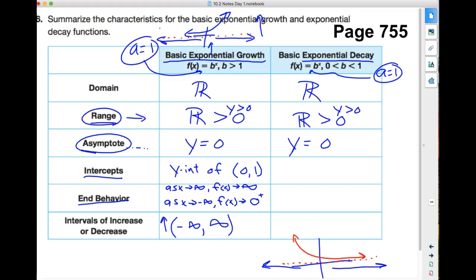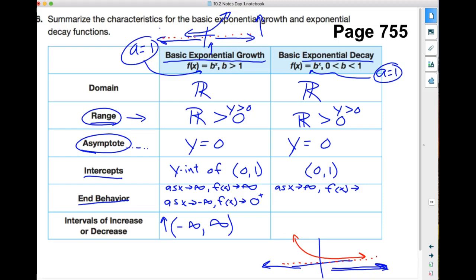Intercepts, same. We saw that from the first 6 graphs in the beginning. And behaviors are a little bit different now, though, aren't they, when I'm looking here? I can see as x goes to infinity, so as x approaches infinity, f of x, where is f of x going to?